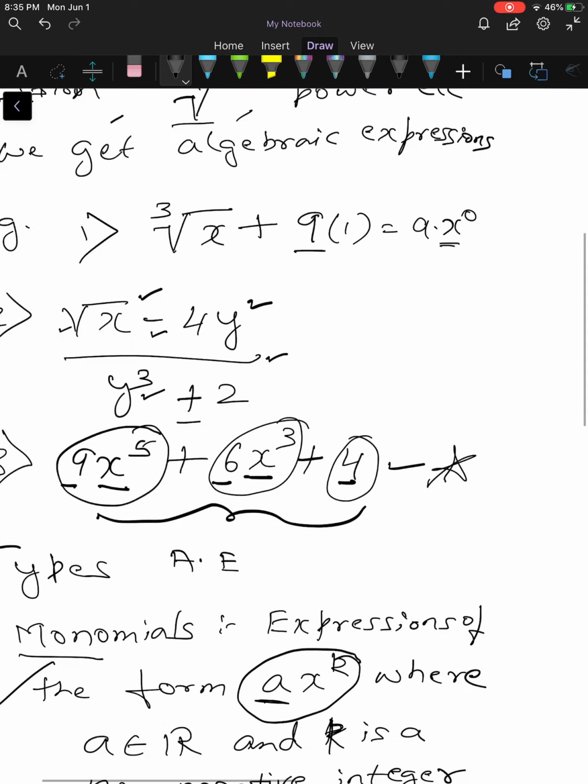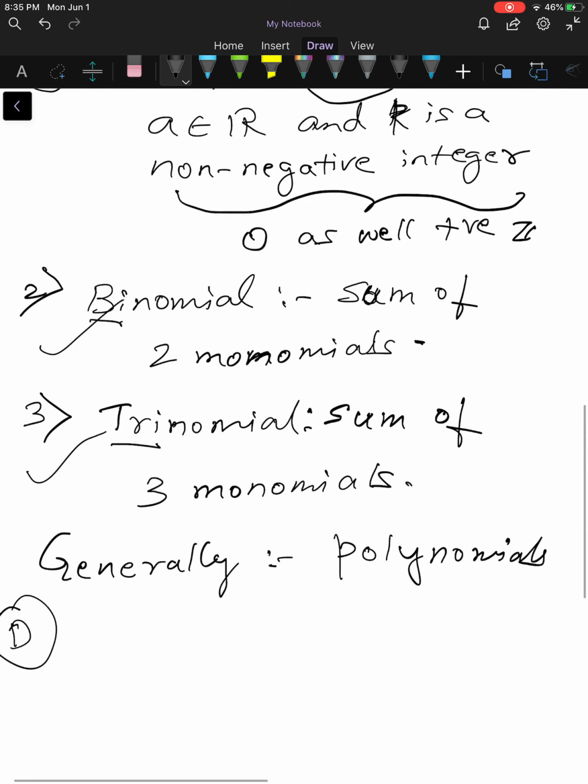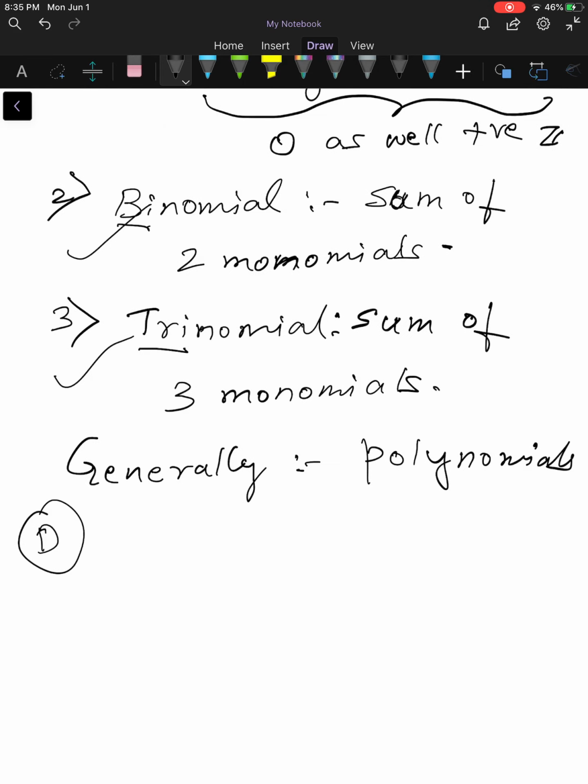And this is a binomial because you are adding 2 expressions or 2 monomials, so therefore that is a binomial. So let us define what a polynomial is.